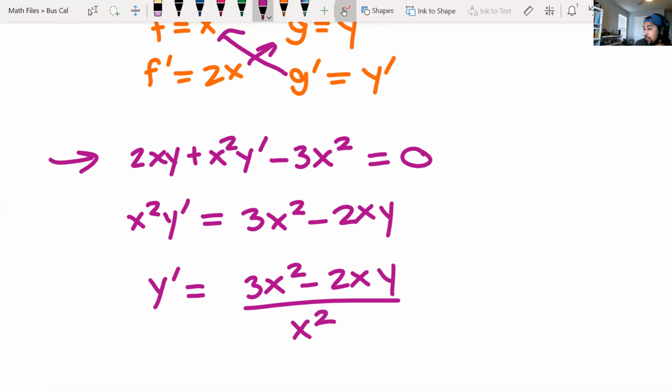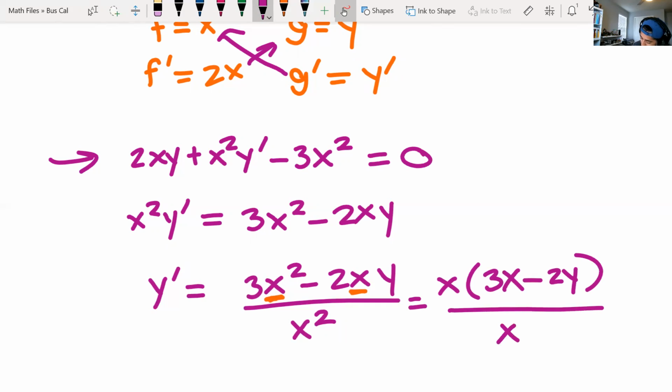And now I think my math lab wants you to go one extra step to simplify this because we can. The other ones we couldn't do much. This one we actually have a common factor. If you look at the numerator, what's my common factor? X. I can factor an x out, and that'll leave me with 3x minus 2y over x squared.